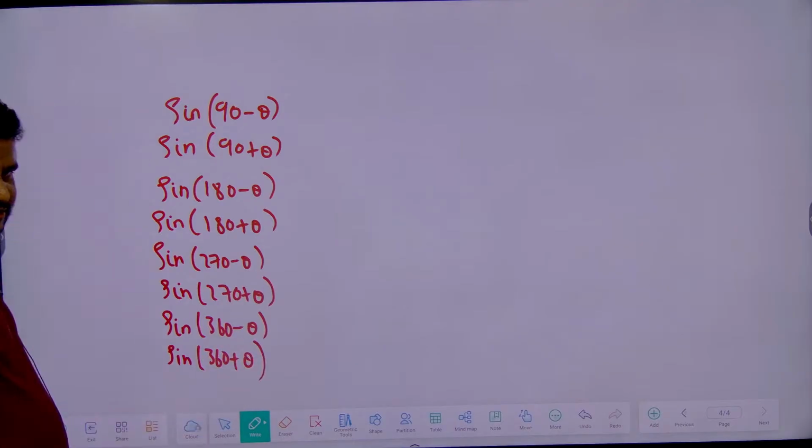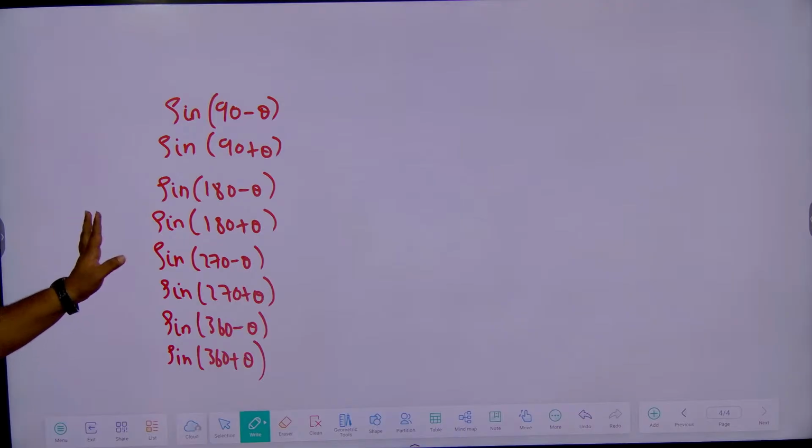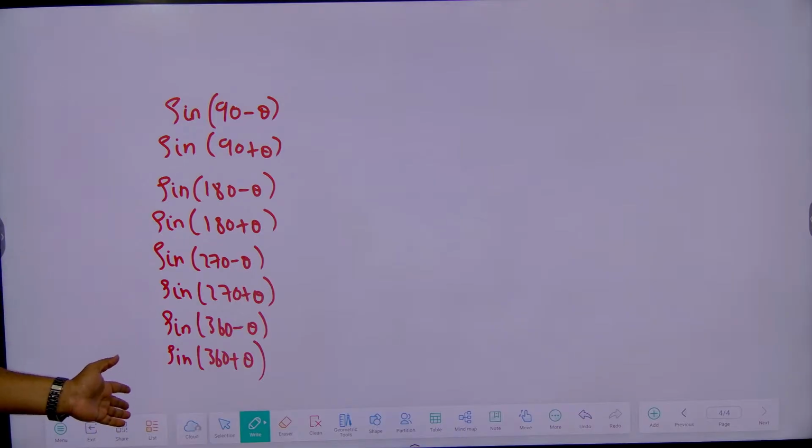Various formulas are there. Did you learn these formulas in short term? Those who attended short term class, were these formulas given to you or not? Okay, fine. So these are the various formulas which you have to know.